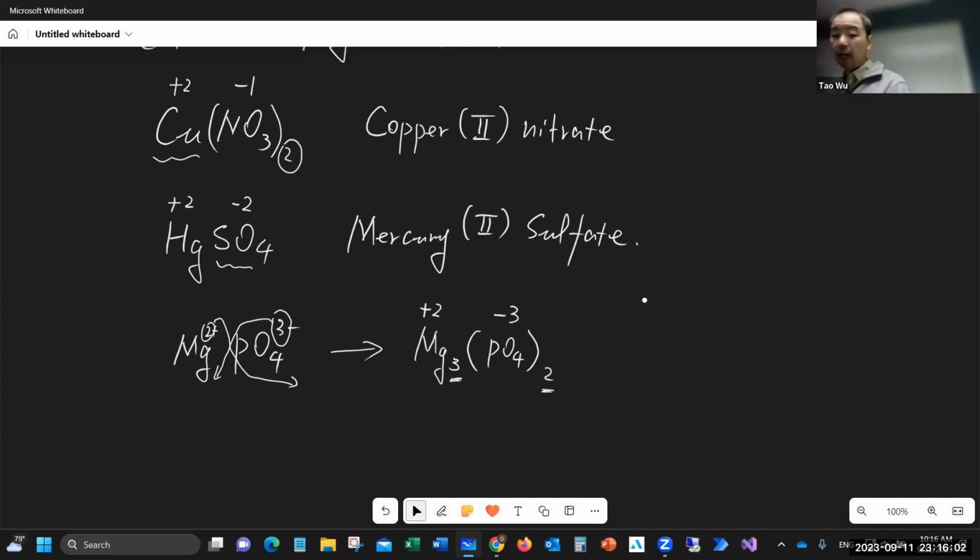Is there any other charge for magnesium? No, looking at the periodic table, magnesium has only 1 kind of charge, so you don't have to write magnesium 2. If it only has 1 unique charge, you don't have to specify it. Just write magnesium. So this is called magnesium phosphate.